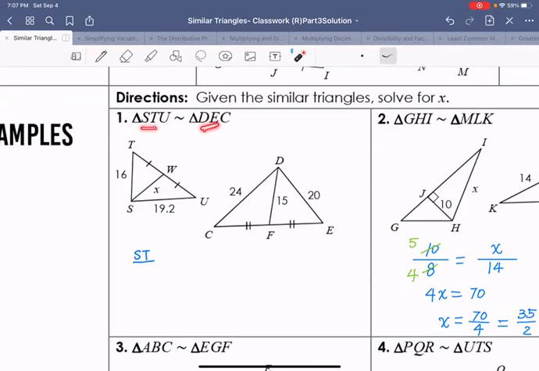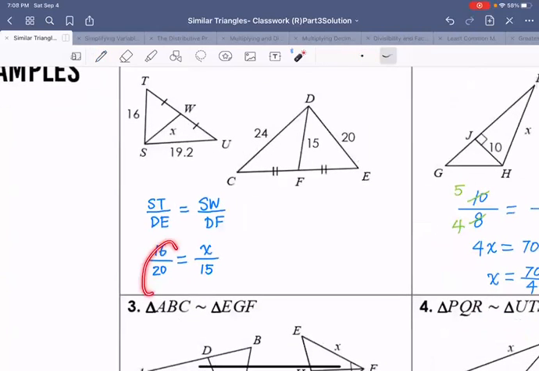ST over DE equals SW over DF. Very good. ST is 16. DE is 20. SW is X. DF is 15.